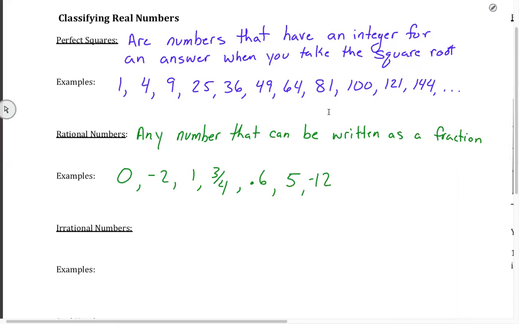Now, irrational numbers are any number that can't be written as a fraction.